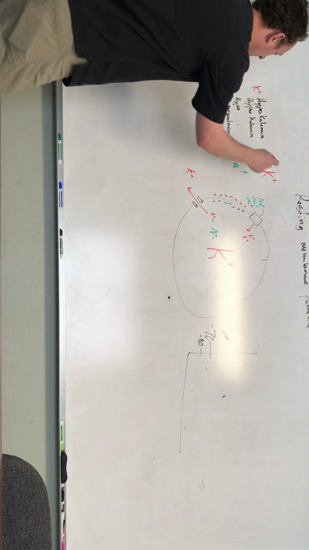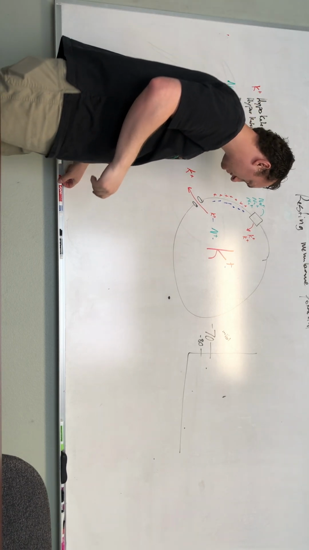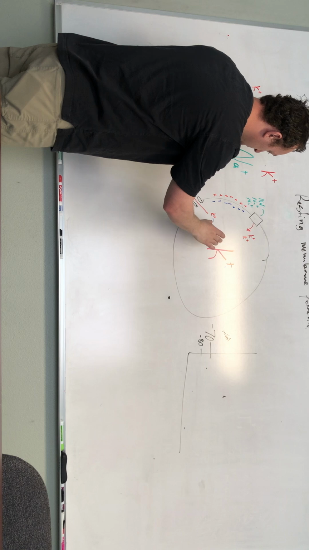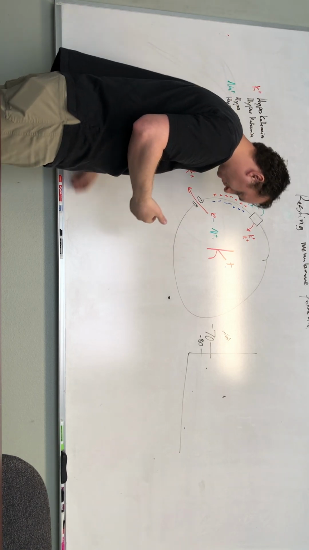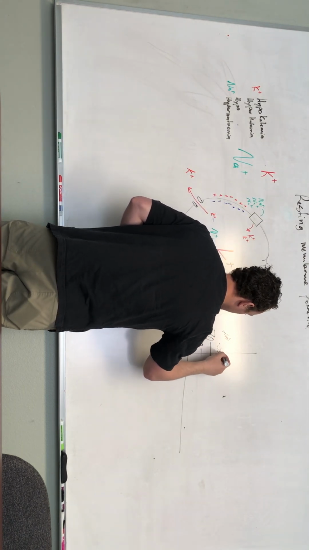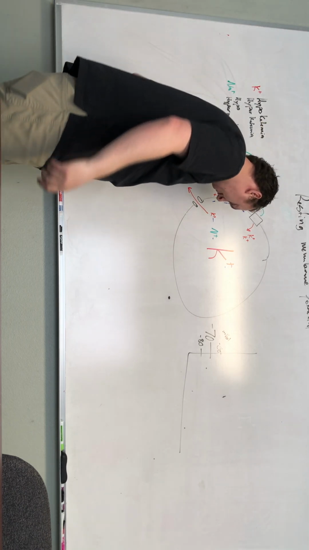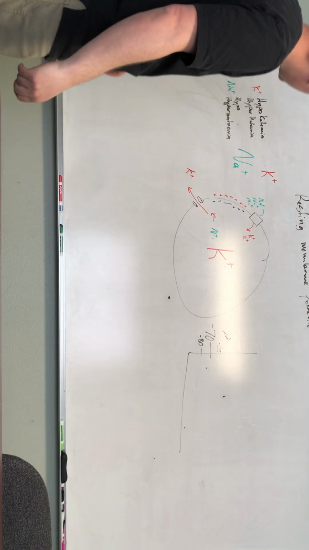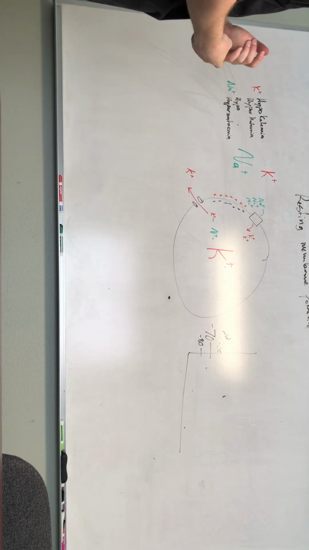If you have hyperkalemia, so a ton of potassium on the outside, it will actually make it so that this is not as strong pulling out, so less of your potassium comes out, and you actually end up with a more positive charge, like negative 60, somewhere around there, I guess. That's pretty much what you need to know for resting membrane potential.